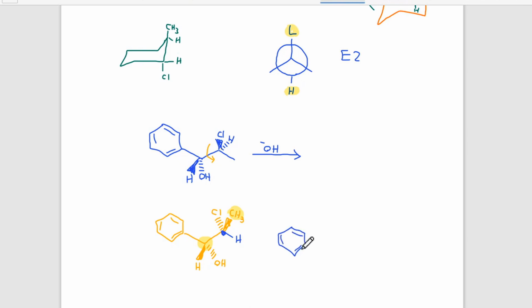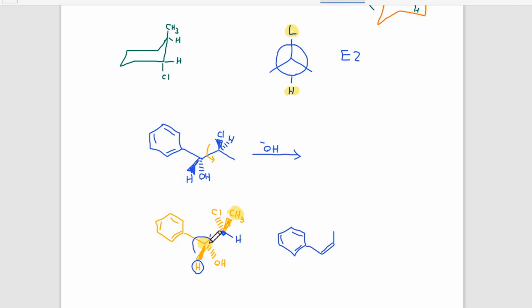So it'll be like this. You'll have a double bond down, and then a carbon up here. Because the chlorine and the hydrogen, these are both going to be abstracted. That's going to be ripped off.